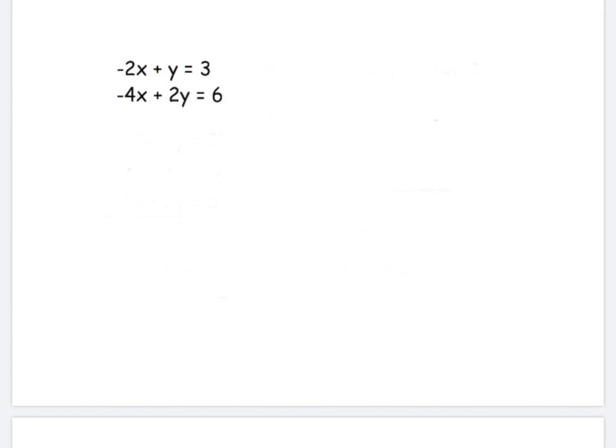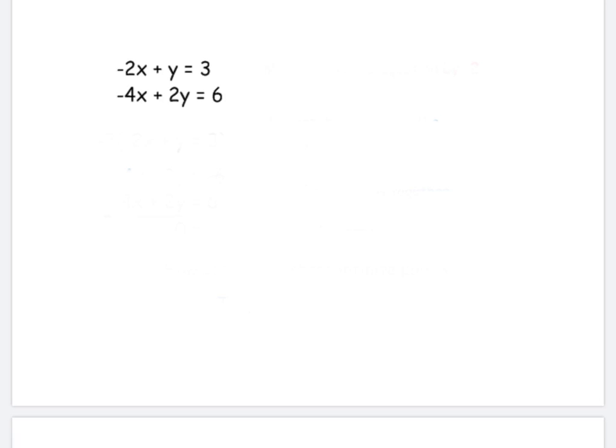Let's take a look at another situation that we could have with our systems. Again, our systems are already lined up, like terms. So then we can go ahead and have one variable be opposites. Again, let's focus on the x, only because it comes first. You could have done the y's as well and still ended up with the same final answer. So if we're looking at the x values, I have -2 and -4.